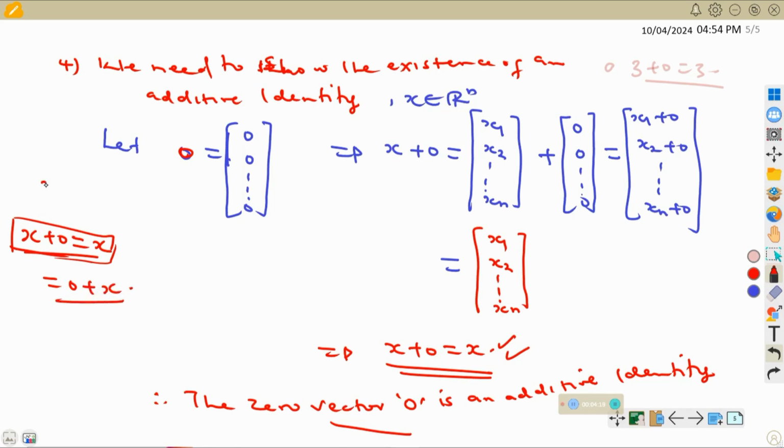So if you know that you need a 0 vector such that you get x equaling to x, then clearly you can make this one the subject by bringing this one the other side plus negative of x. So clearly you will be able to get your 0 vector, which will be of that form 0, 0 up to 0. So we have seen that the 0 vector 0 is an additive identity.